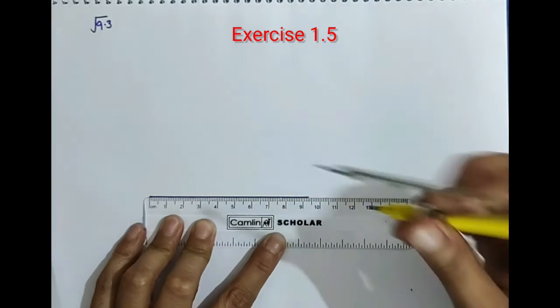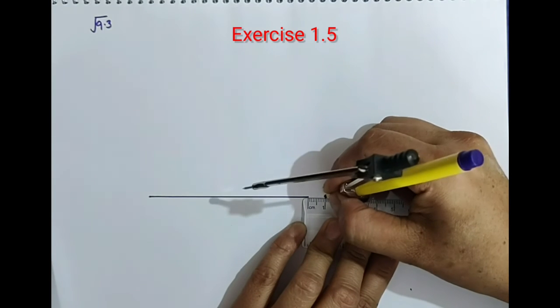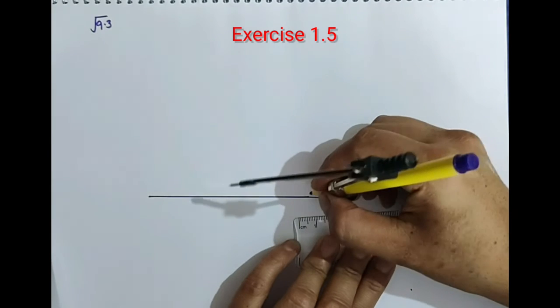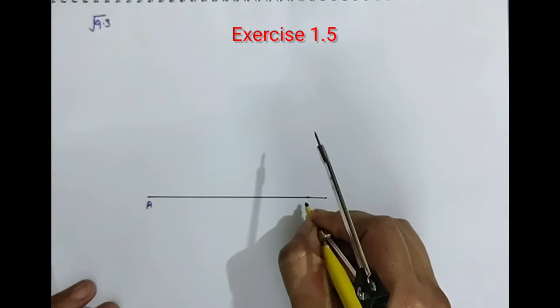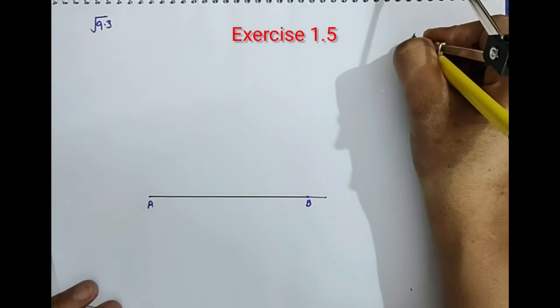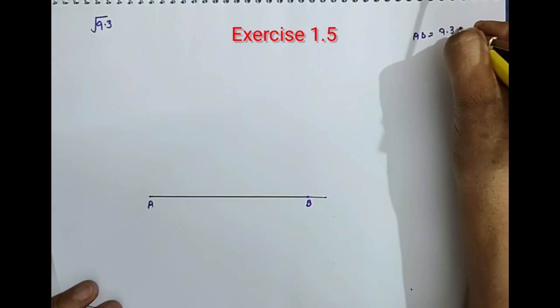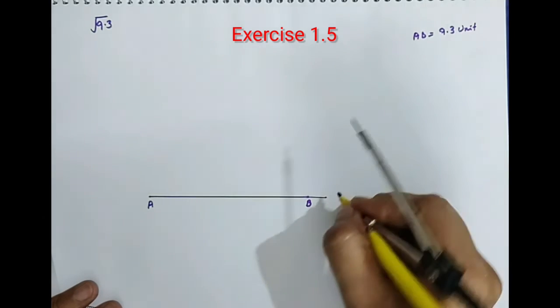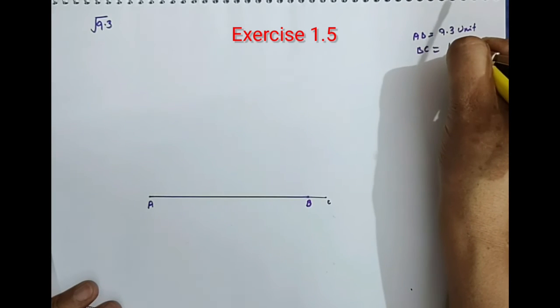And after that, we know, here, which is equal to 1 unit. So let's take this as A, B. The AB here is equal to 9.3 units. And BC is equal to 1 unit.